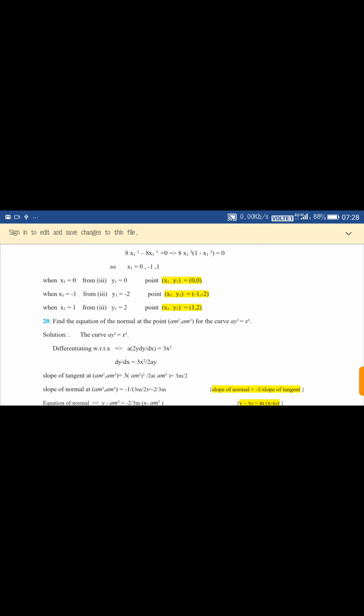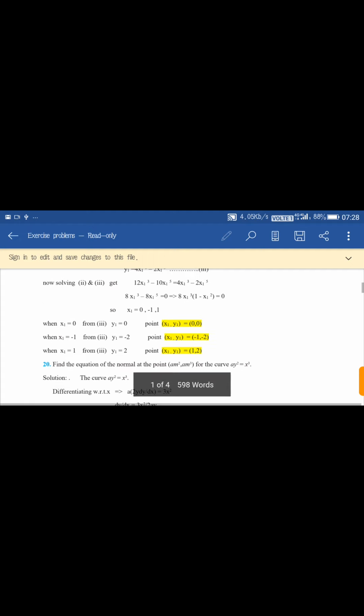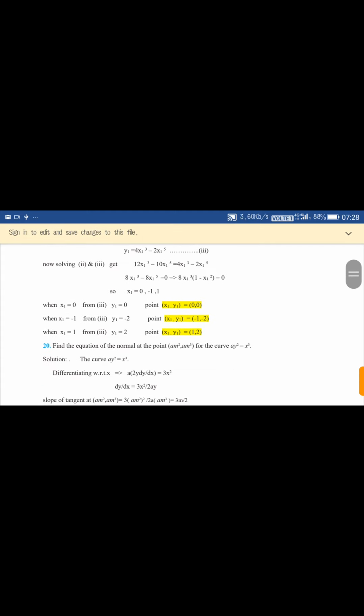Now when x1 is 0, from third y1 will also become 0, because in third it is given y1 = 4x1³ − 2x1⁵. Put the value there and you get y1 also 0. So the point becomes (0, 0). That means (x1, y1) = (0, 0).